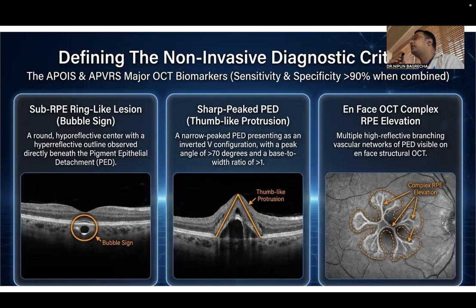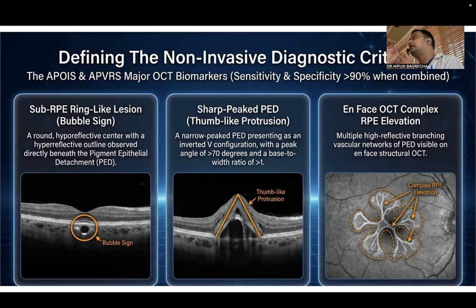Okay. So with the newer agents, because PDT, because of the verteporfin dye, is not available everywhere, these monotherapies also have a role. Brolucizumab, due to its high osmolarity, is said to have a higher drying effect on the polyps and on the fluid.